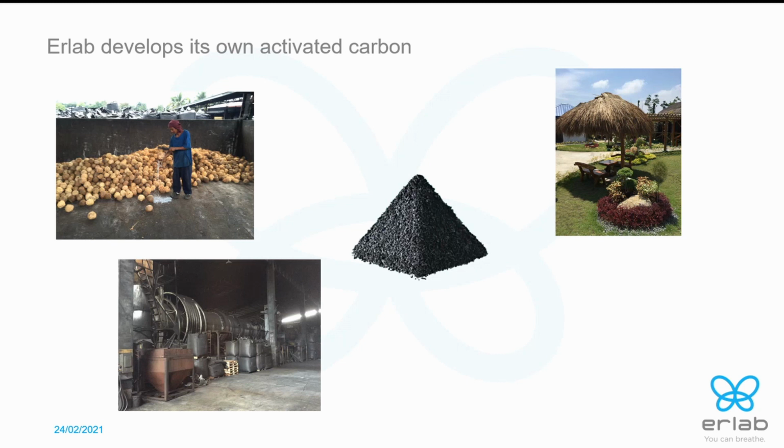Basically, we work directly with the activated carbon producer, and we ask them to produce the type of activated carbon that is compliant with our own norms and standards. Here there are a few pictures: you can see the activated carbon comes from the shell of coconut. That's the first picture. In the second picture, you can see this big furnace where the coconut is cooked and transformed into activated carbon.